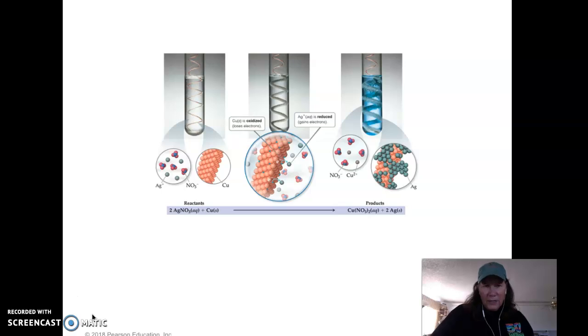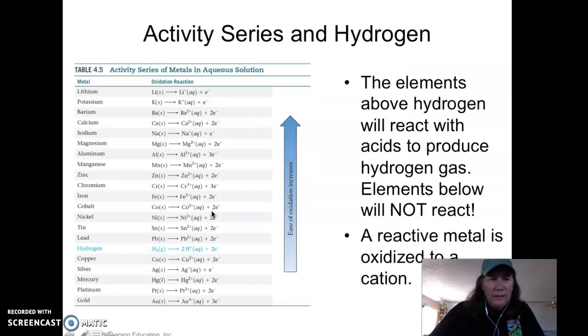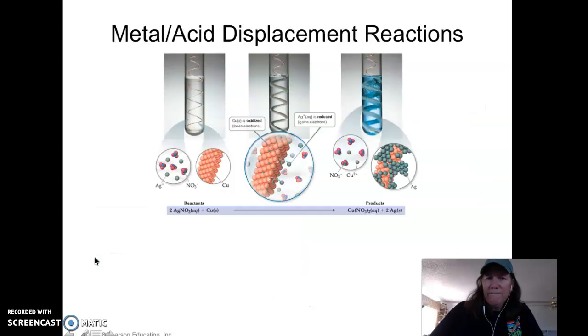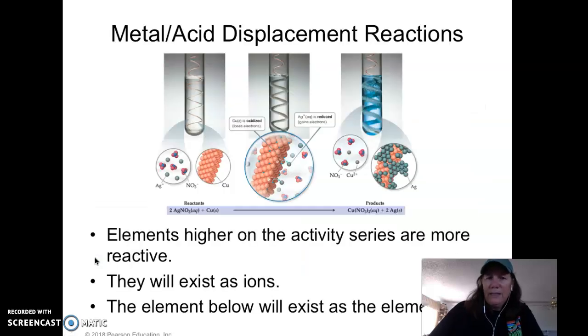Okay? Here's another one. We have silver replacing copper. Okay, let's go back here. Here is silver, and here's copper. So is silver going to replace copper? It's not going to. I mean, copper is replacing silver.